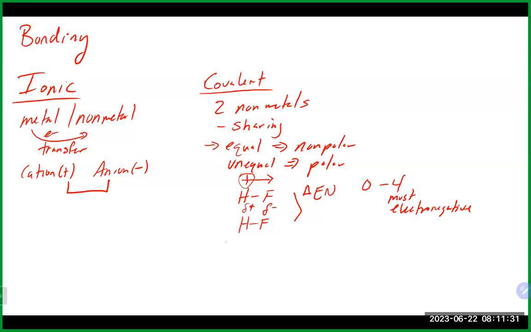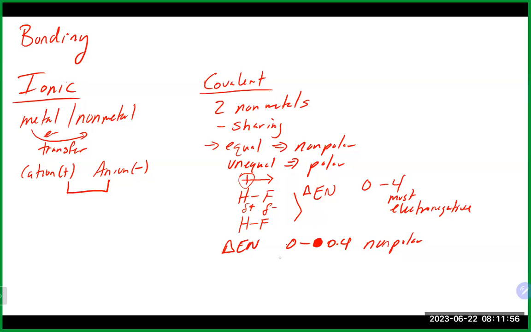And again, when you have a change in electronegativity values of anywhere from 0 to 0.4, that's going to be considered a nonpolar bond. Remember that, as we saw, if you really have an electronegativity difference of 0, it is sometimes also referred to as a pure covalent bond. It's still nonpolar. It just means you have really perfect equal sharing of those electrons.